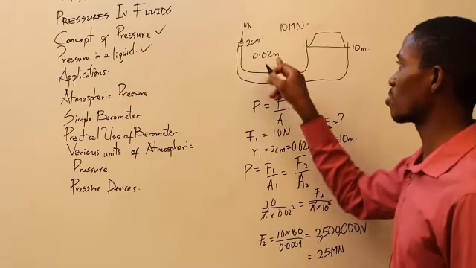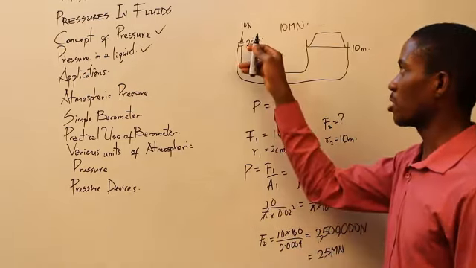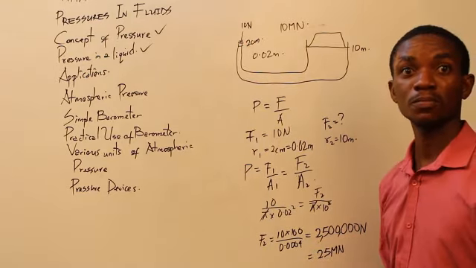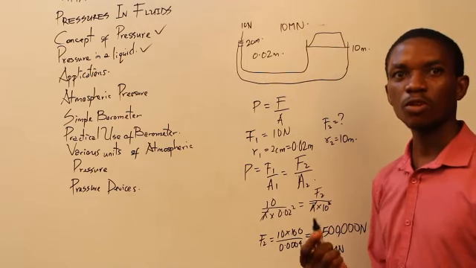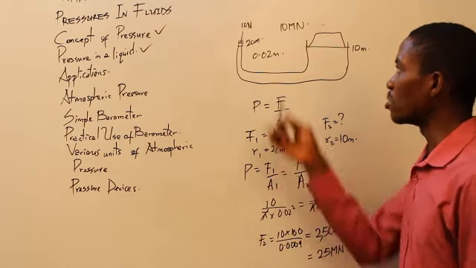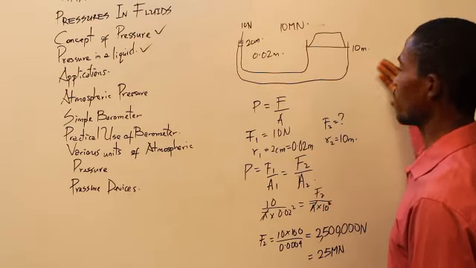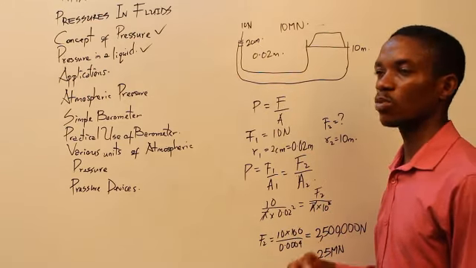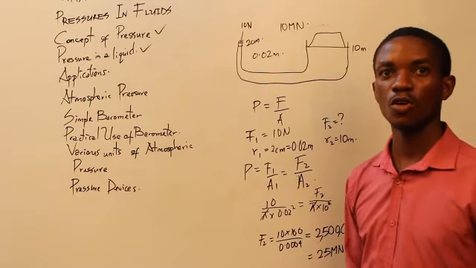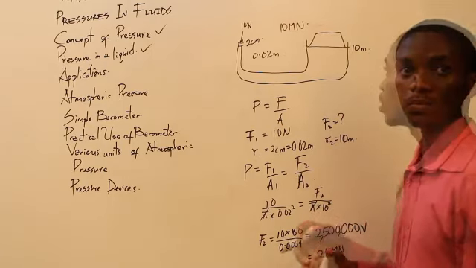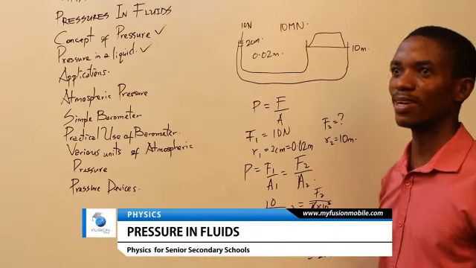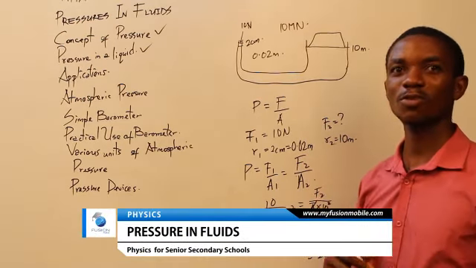We can reduce this to maybe 1 centimeter. It would increase even the more. So you can imagine the kind of effects reducing one side for the benefit of the other side can be. Now this is one of the many applications of pressure. Even though our original intention was to get 10 meganewtons, our machine can't go that far.